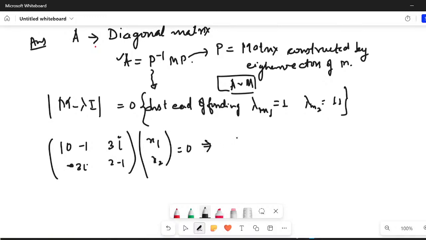What does it imply? It implies 9 times x1 plus 3 iota x2 is equal to 0. Is there a mistake somewhere? I don't know.